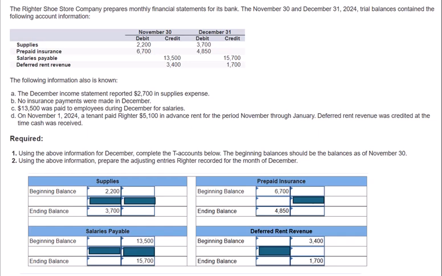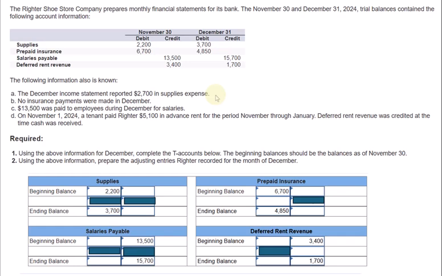Okay, so let's focus on the first transaction. The December income statement reported $2,700 in supplies expense.